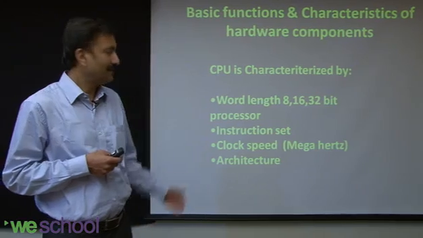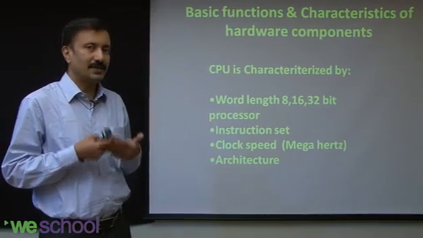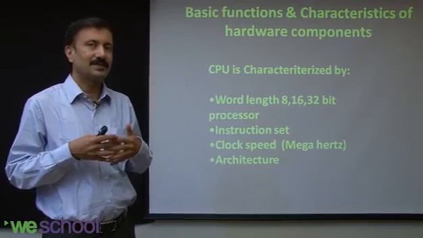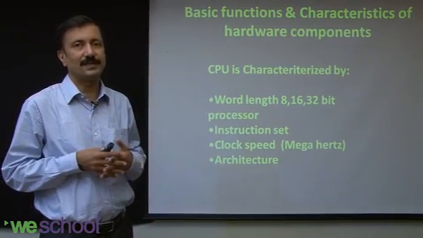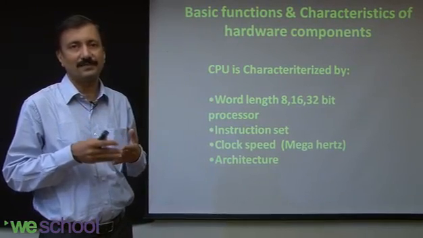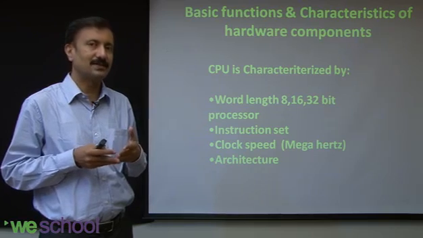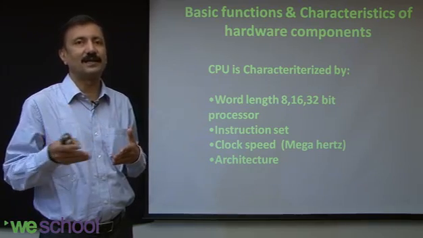Instruction set. Now, taking from there, the instruction set is a set of instructions which the CPU can process. For example, a processor can do an add, a subtract, a multiply. Each one of these is an instruction which the CPU is capable of handling.